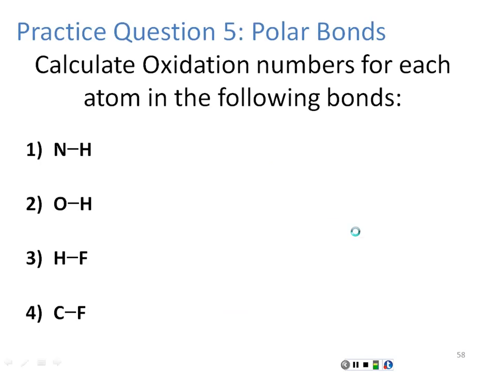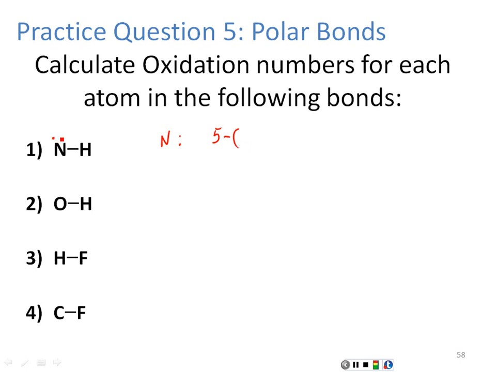Okay, let's try a final practice question here. Calculate the oxidation numbers for each atom in the following bonds. So for number 1, nitrogen and hydrogen. What's the oxidation number for nitrogen? Nitrogen normally has 5 valence electrons.